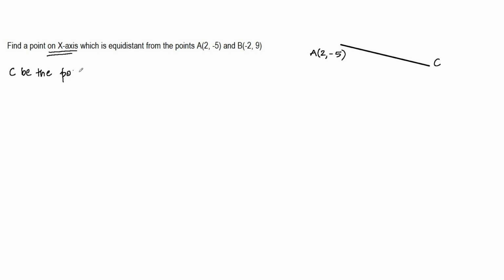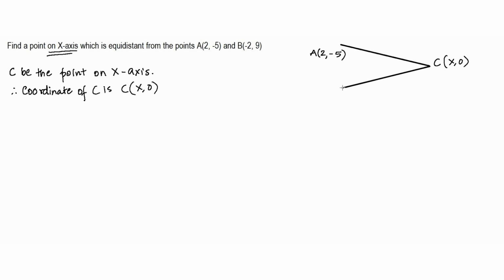Let C be the point on x-axis, and therefore I can say that the coordinate of C is C of (x comma 0). So this is the point C of (x comma 0), and this particular point is equidistant from A and B. So this is the point B. This is the point B of (negative 2 comma 9).